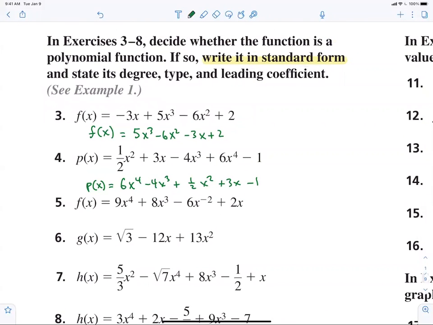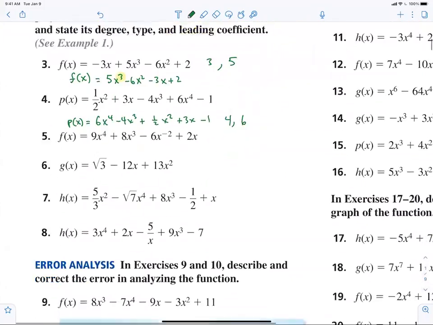Thank you. So yes, the degree. What's the degree for number 3? 3. I'm glad you guys remember that. And what's the degree for number 4? 4. Now the leading coefficient. The leading coefficient for number 3 is what? 5. And the leading coefficient for number 4? 6.